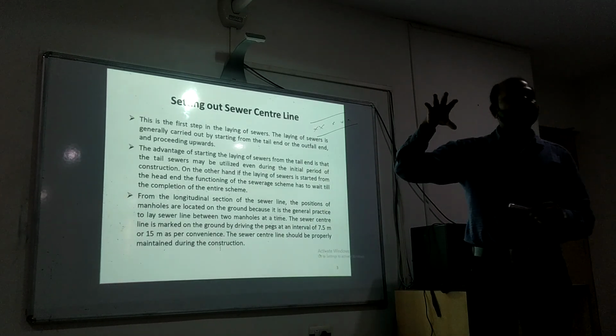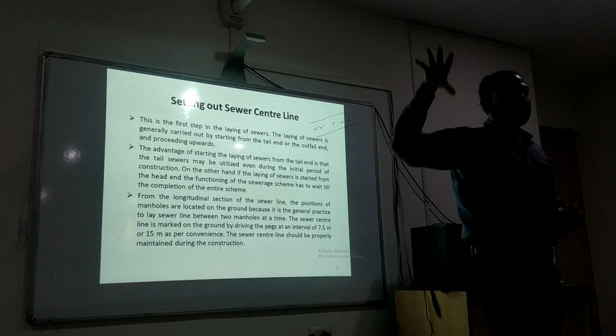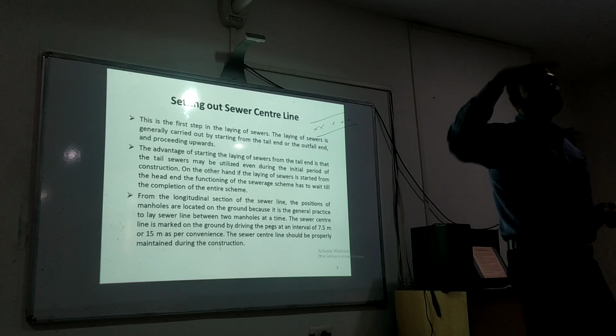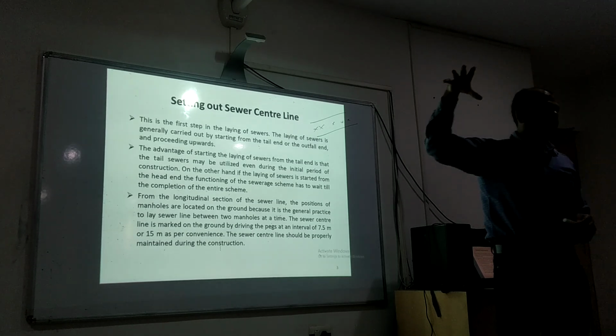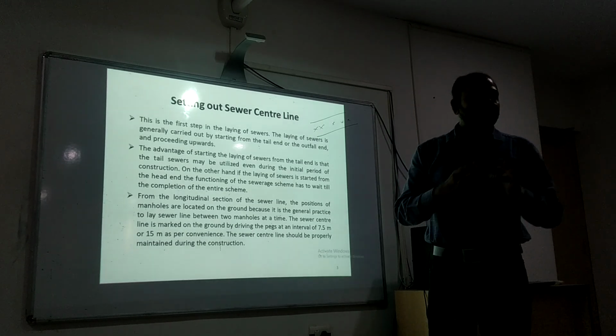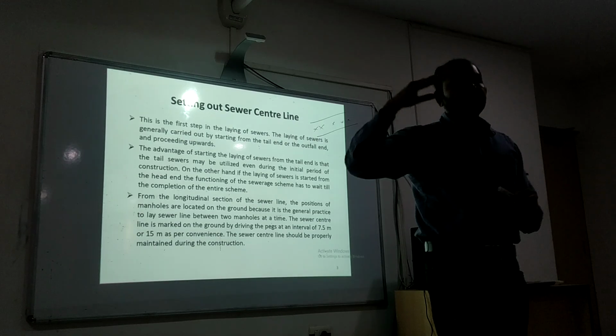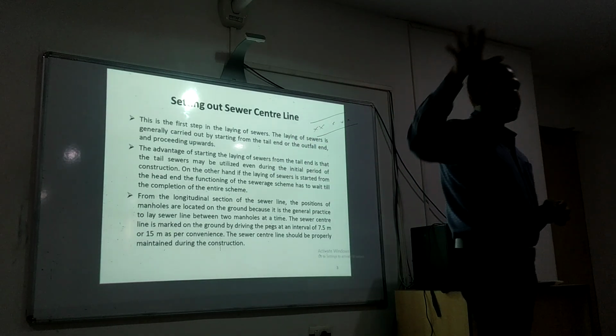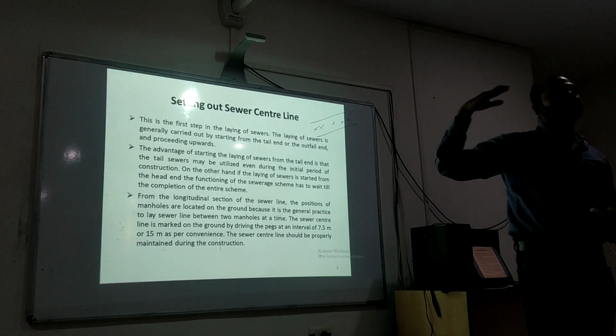Recognition survey is basically a first-hand survey of the locality or area where the sewer pipeline has to be laid. What are the features over there? Is there any obstruction or not? Preliminary survey is basically a somewhat detailed survey with elevations and all checking. Is there any undulation?